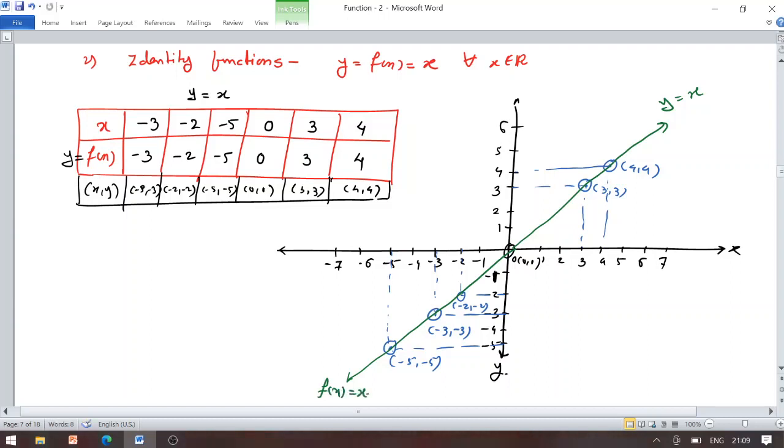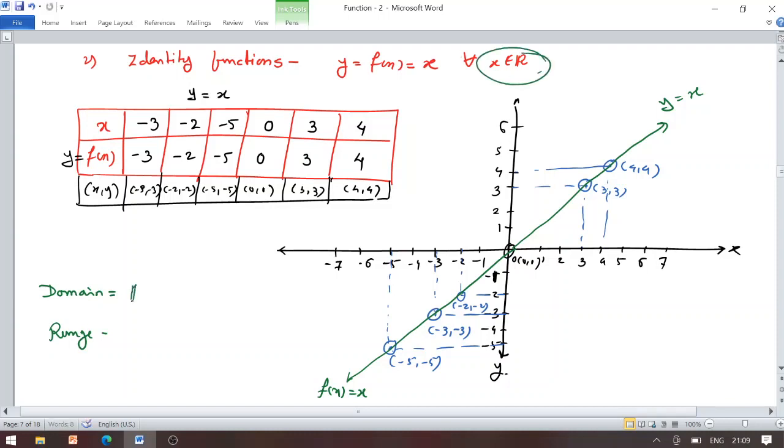So now what about the domain and range for the given identity function? Look at the values of x. So that becomes real values now. x can take any value that belongs to the set of real values.